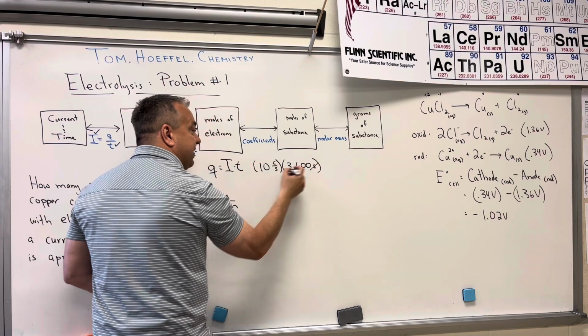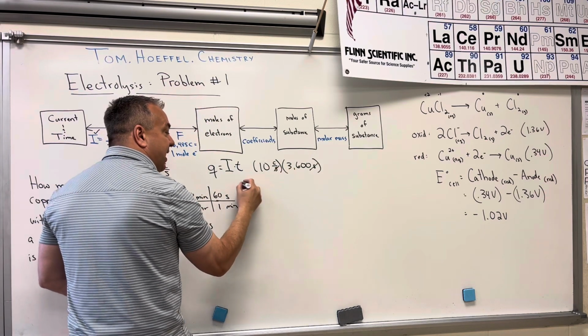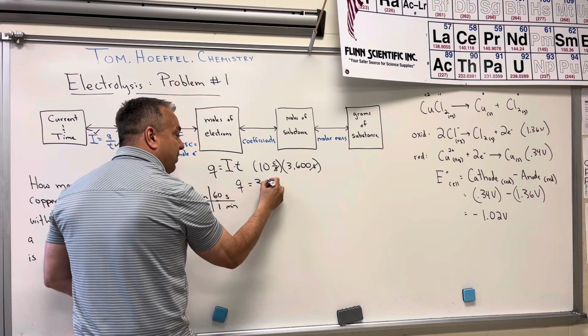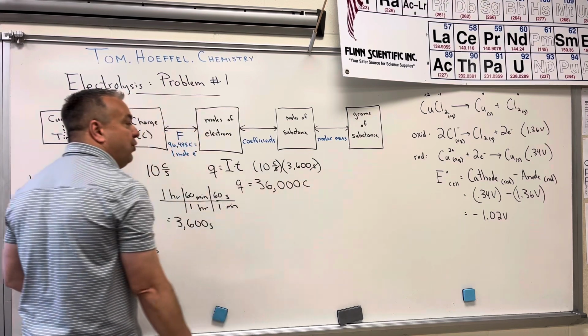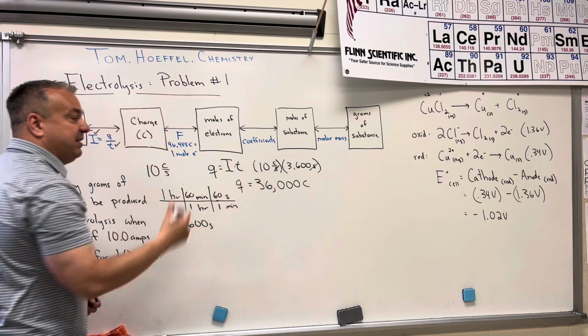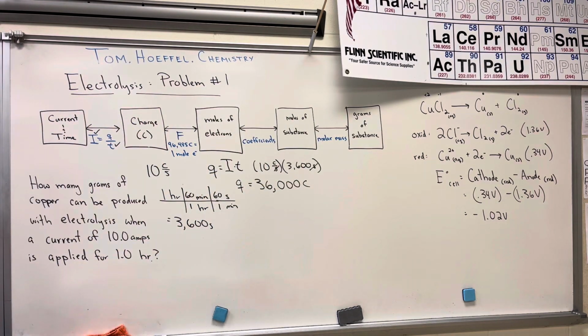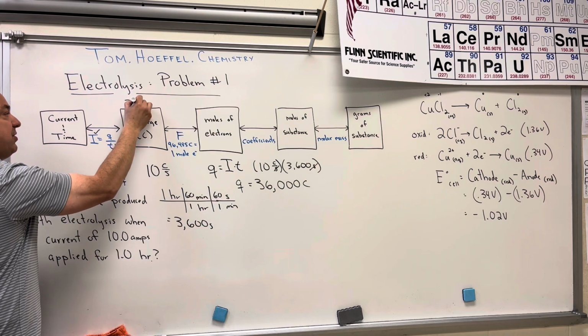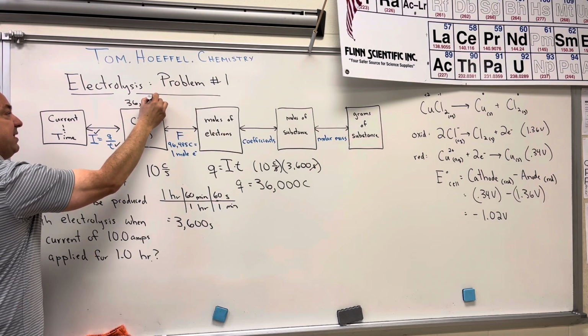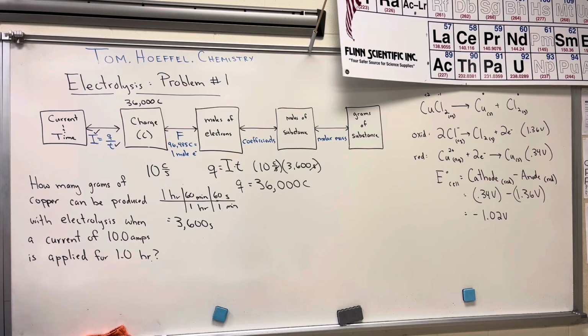You can see the seconds cancel out, and Q is equal to 36,000 coulombs, because 3,600 times 10 gives me 36,000. So right now I know that the charge is 36,000 coulombs.